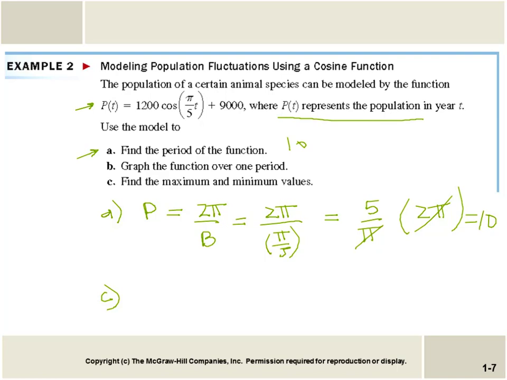Good. Thank you, Michael. Exactly. So remember, perfect answer, perfect reason. We have our regular cosine graph, but our amplitude is 1200, right? And then we take that graph and we shift it up 9,000.